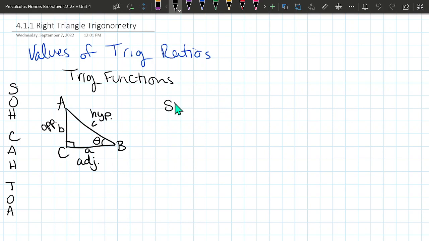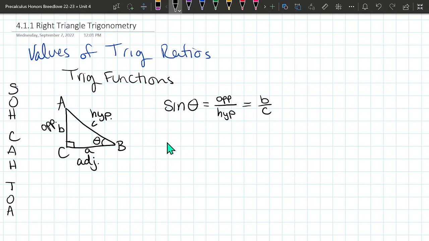If we wanted sine of theta, well, from SOHCAHTOA, sine equals opposite over hypotenuse. And we would know from this triangle diagram, it would just be whatever value of B is over the value of C. So we could write it as B over C, if those are lengths.